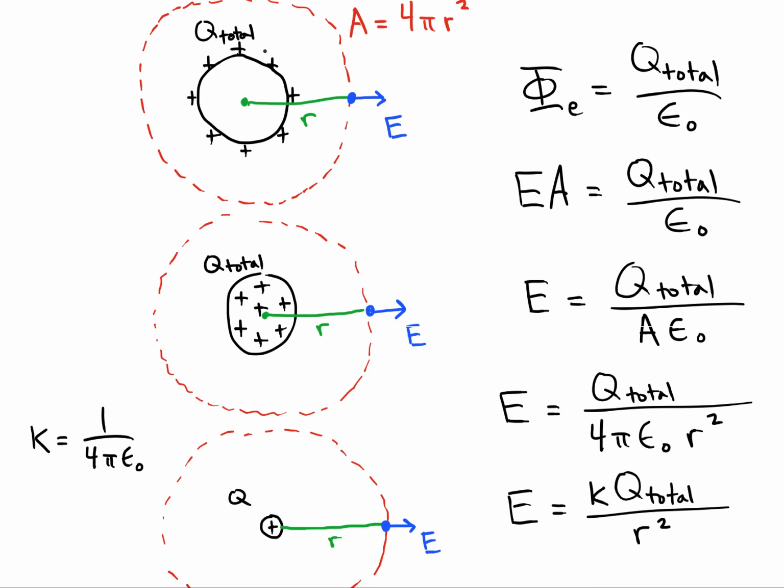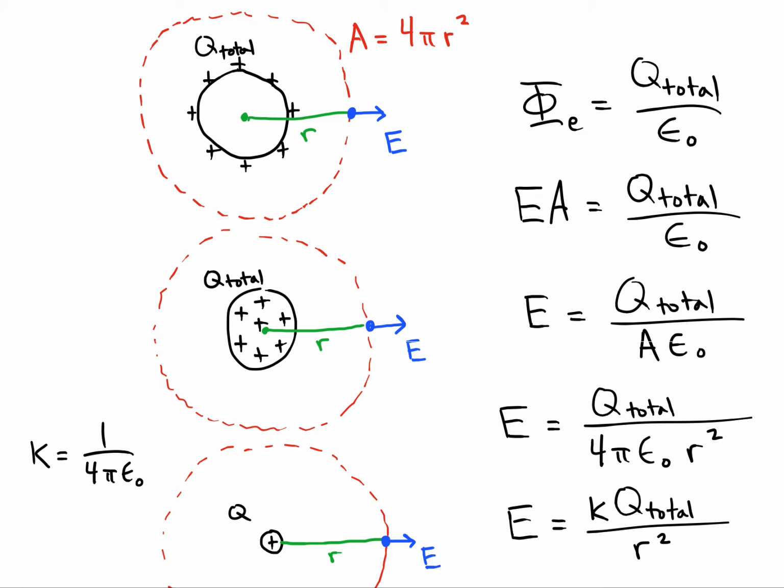It'll only hold for situations where the charges are distributed symmetrically about the center of our Gaussian sphere. Next, we'd like to know what the field is going to be like inside our objects. For that, we'll create a new Gaussian sphere.